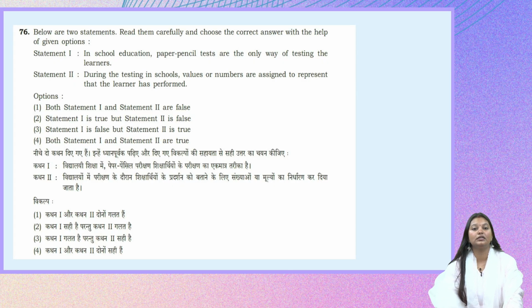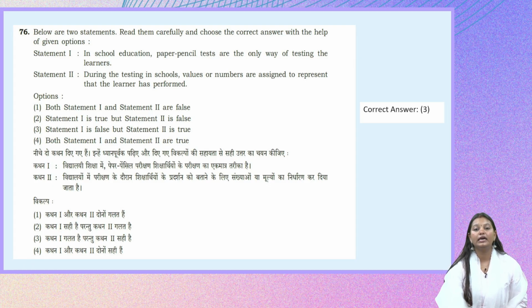The very first statement restricts testing only to paper and pencil tests, which is completely ignoring the concept of continuous and comprehensive evaluation and various ways with which we do assessment. Therefore, the first statement is false. Coming to the second statement, during the testing in schools, values or numbers are assigned to represent how the learner has performed. This particular statement is true. So the right answer here is option 3. Statement 1 is false, but statement 2 is true.